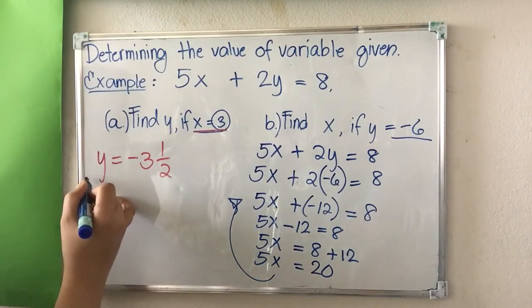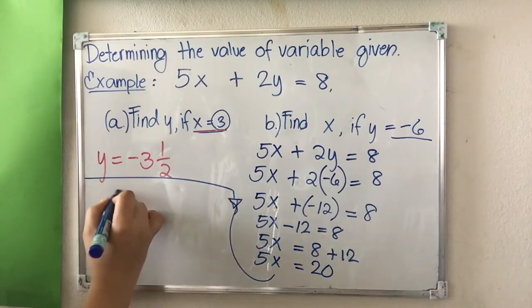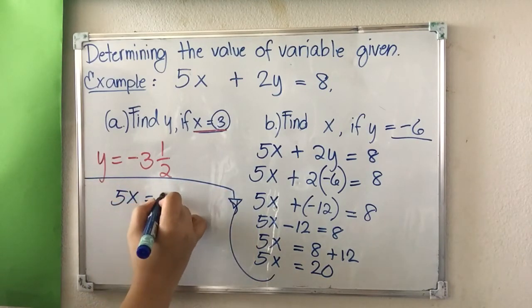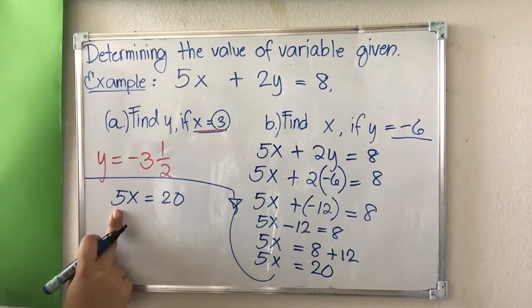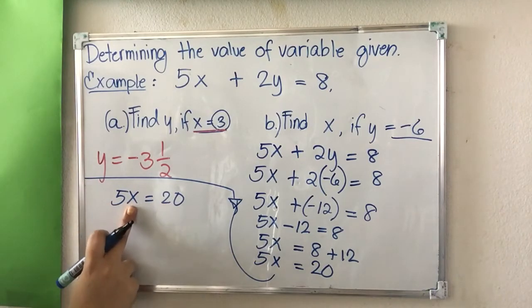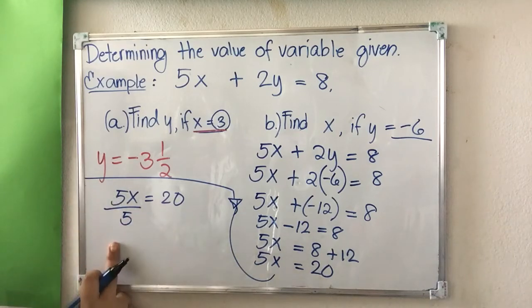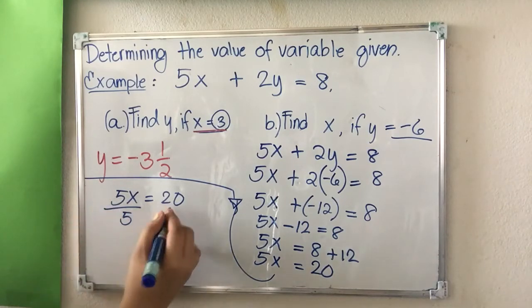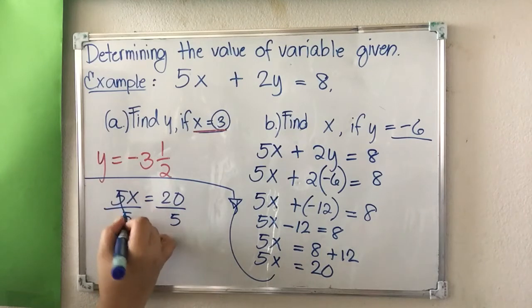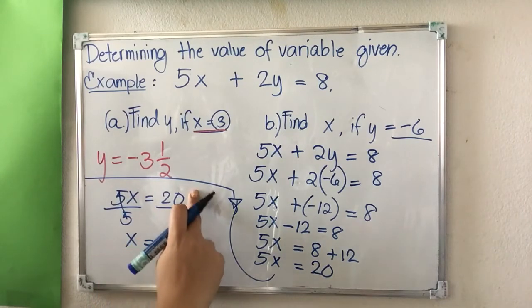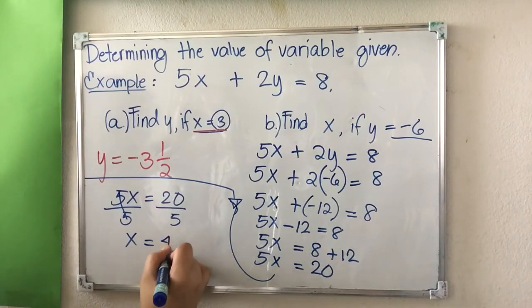Now to remove the coefficient of x, we are going to divide by the coefficient, which is 5 and 5. So we have x is equal to 20 divided by 5 is 4.